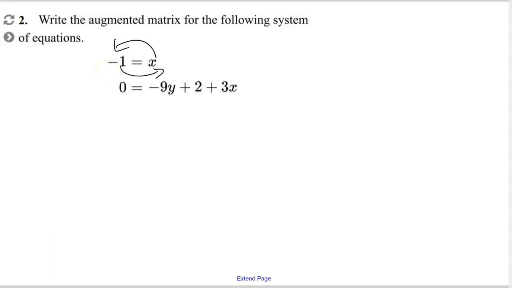And when I do that, the x becomes negative and the constant becomes positive. So we swap them over on both sides there. So now I've got -1x and +1 there.